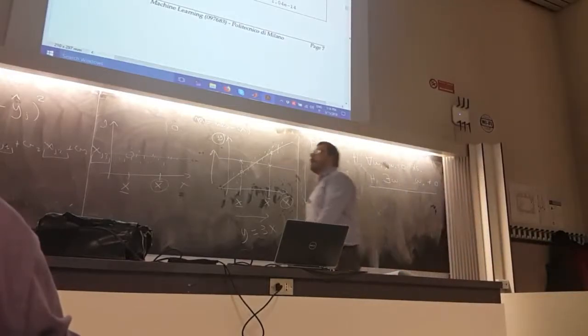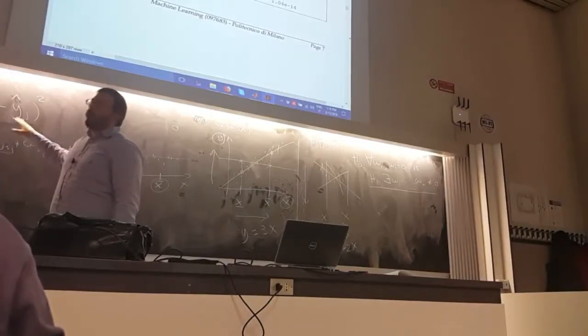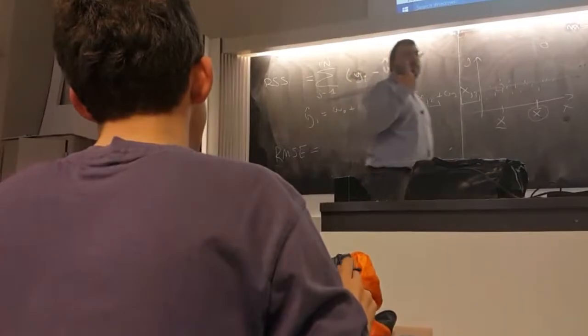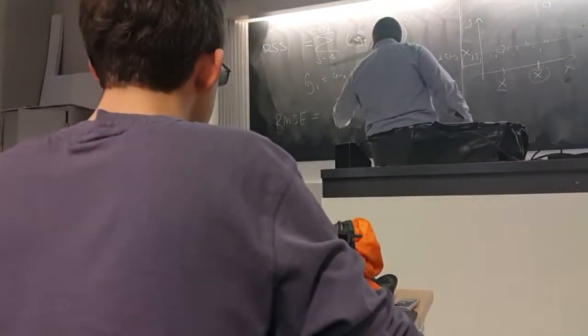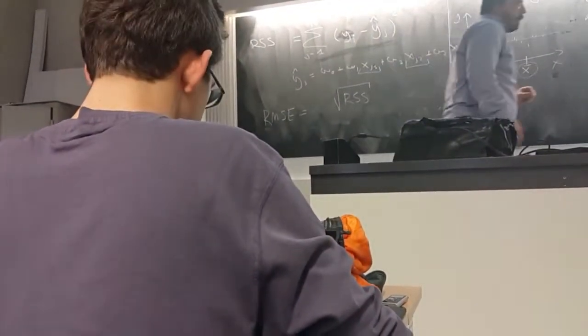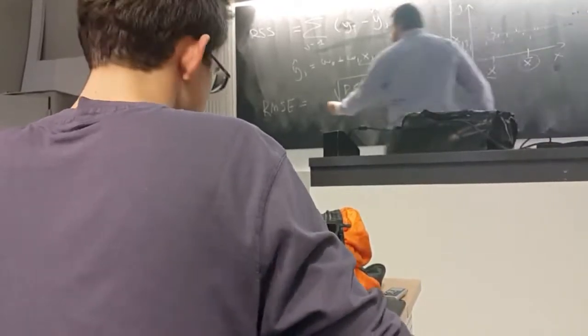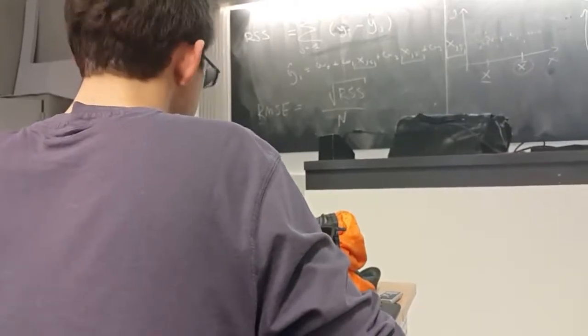It's nothing else but the version of the RSS which is corresponding to the error of a single sample. So we just use the RSS, we do the square root, and then we divide by n. This is the average error I'm doing on a single data.